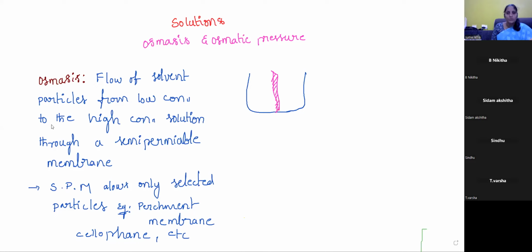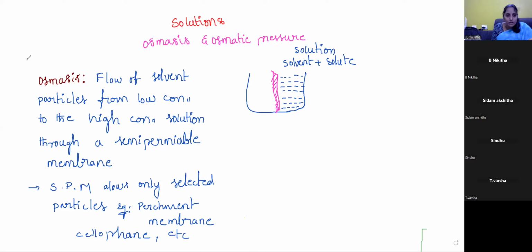Here, on one side of this glass vessel, solution is there. You already know solution is made up of solvent plus solute, so you can say directly it is a solution.